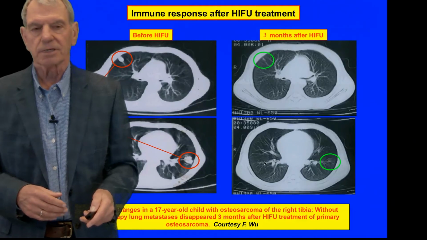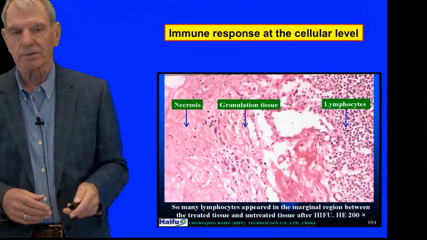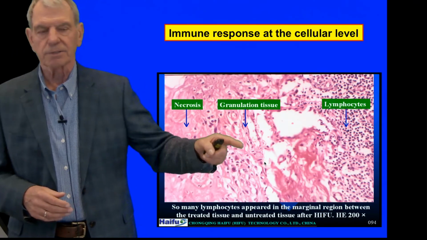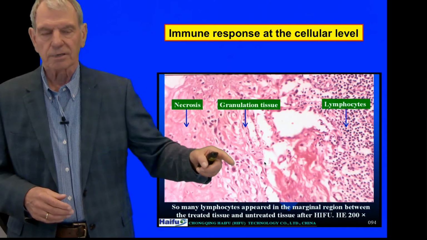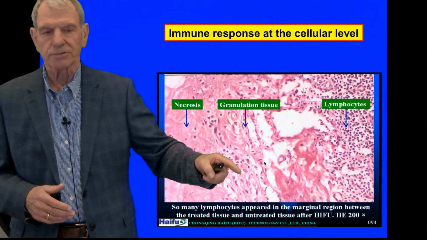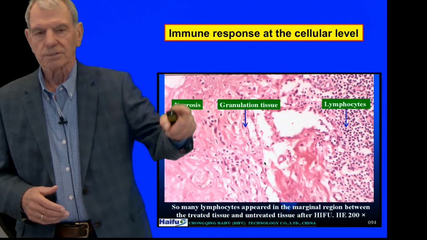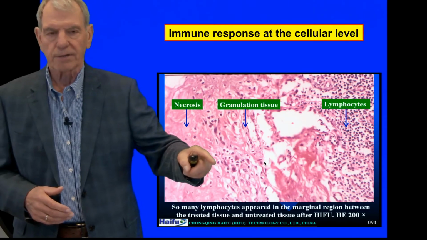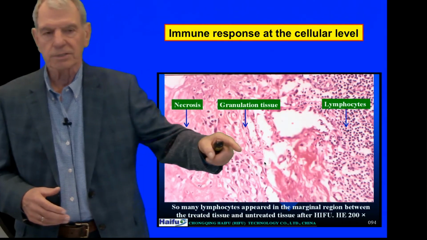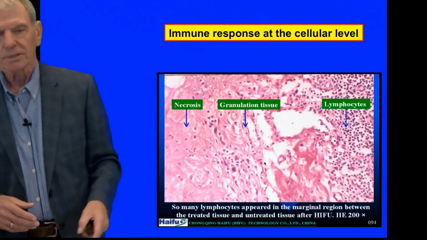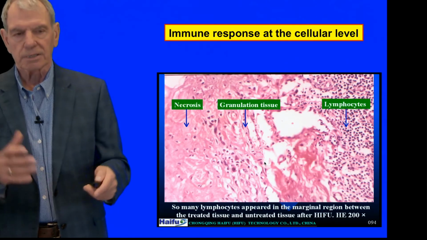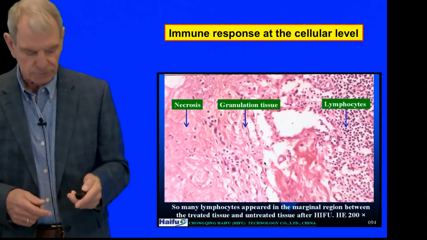This is just some evidence that it can occur, and Professor Bu examined this on a molecular or biological level, and here's the tissue that was destroyed by the HIFU, and then there are lots of lymphocytes that are directed to this, and they are causing the live tumor, in a sense, to be treated by the immune system.